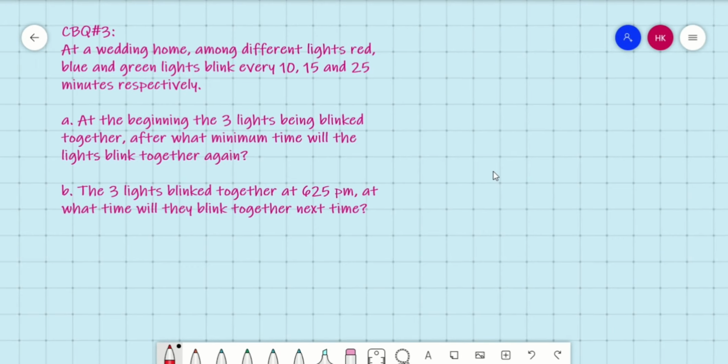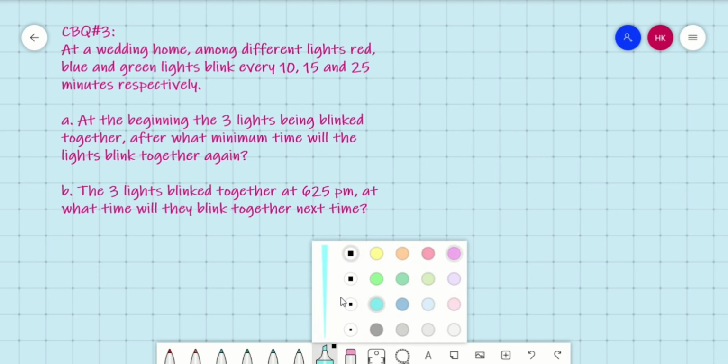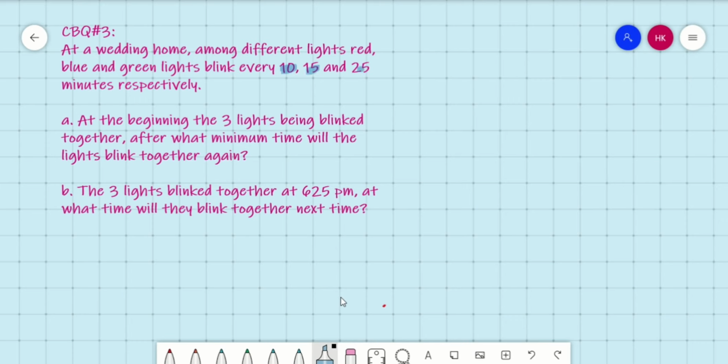At first we read the question. At a wedding home, among 3 different lights, red, blue and green lights blink every 10 minutes, 15 minutes and 25 minutes respectively.